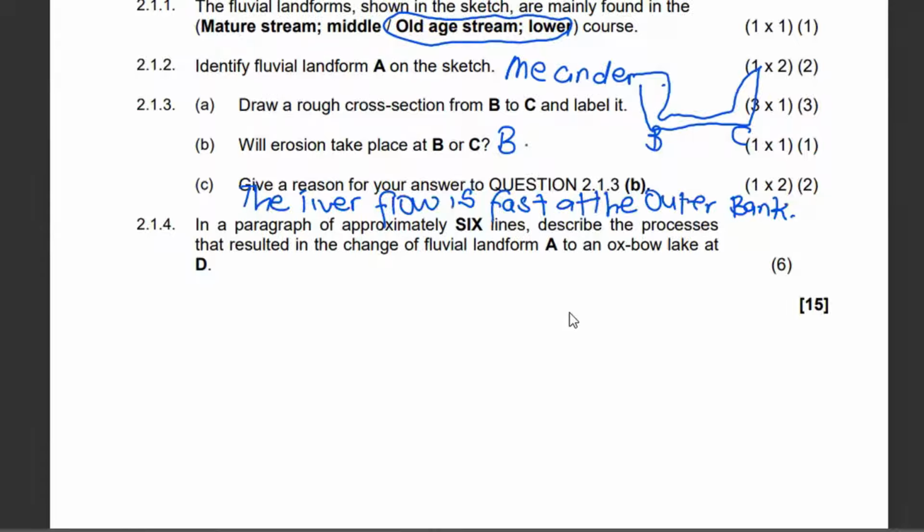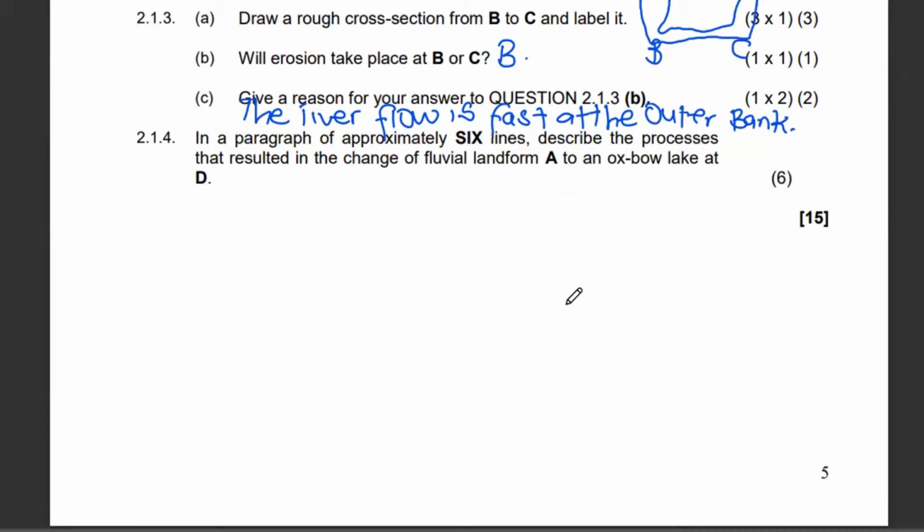Right, let's move on. So in a paragraph of approximately 6 lines, describe the processes that resulted in the change of fluvial landform A to an oxbow lake at D. So here in your paragraph, you'll talk about deposition. You talk about how the outer bank of the river gets eroded.